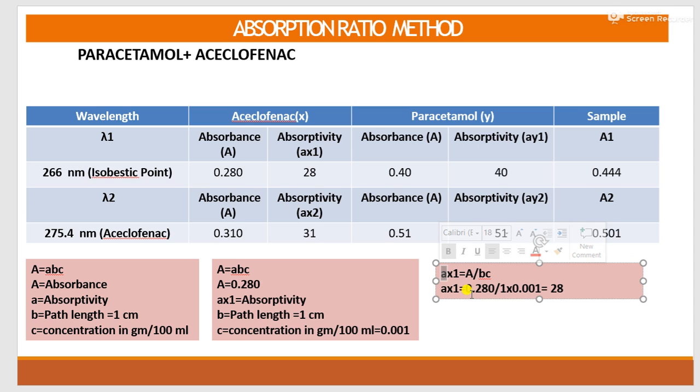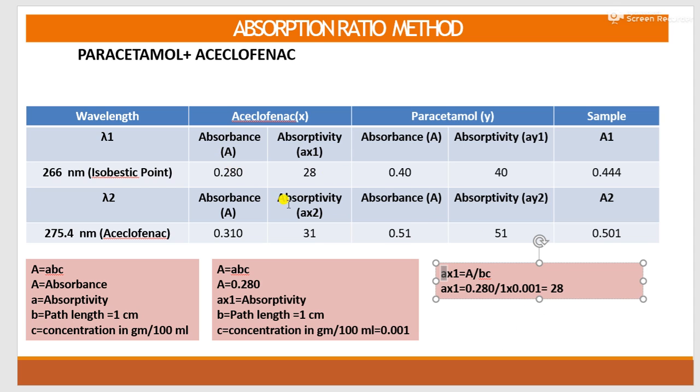Capital A is 0.280, b is the path length 1, and c is the concentration. The concentration of aceclofenac was 10 ppm. This 10 ppm we have to convert into gram per 100 ml, because when we calculate absorptivity, the concentration is expressed in gram per 100 ml. So 10 ppm is equal to 0.001. So this comes to 28.